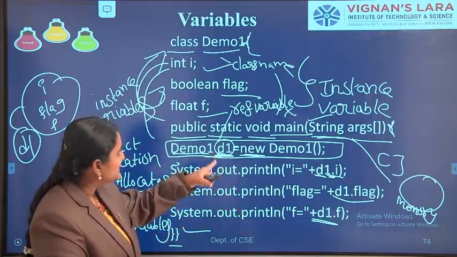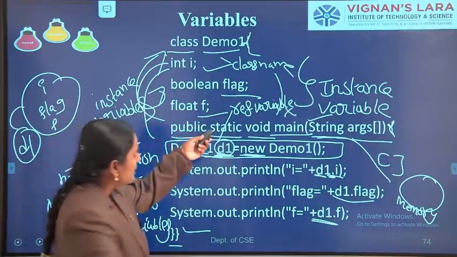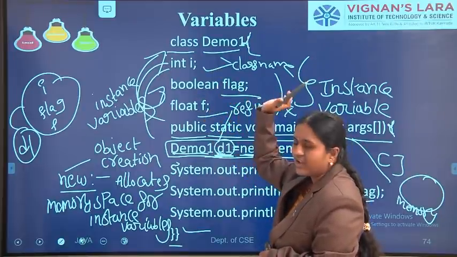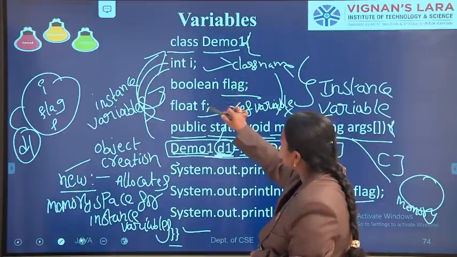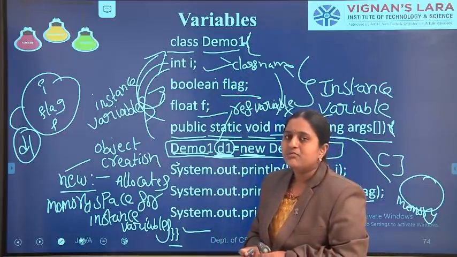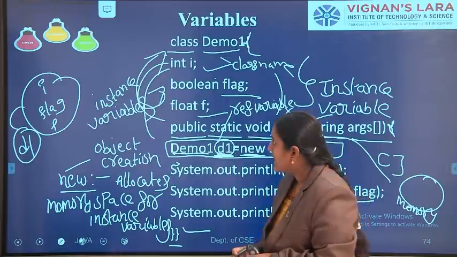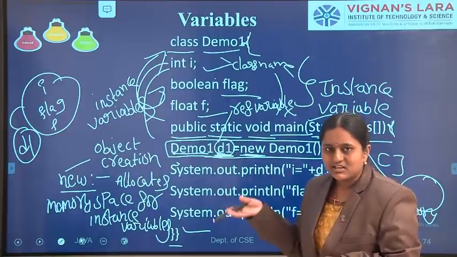What is the output of this statement? We are not initializing any values in that program, just declaring variables. But these three variables are instance variables, and default initialization is applicable to instance variables. So what is the output if you compile and run this program?